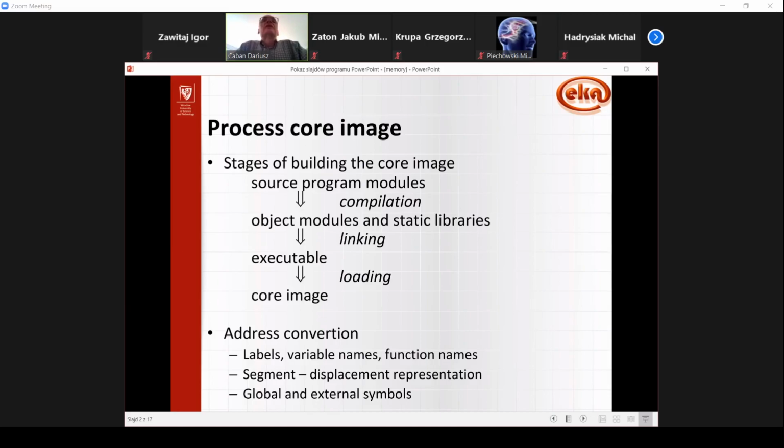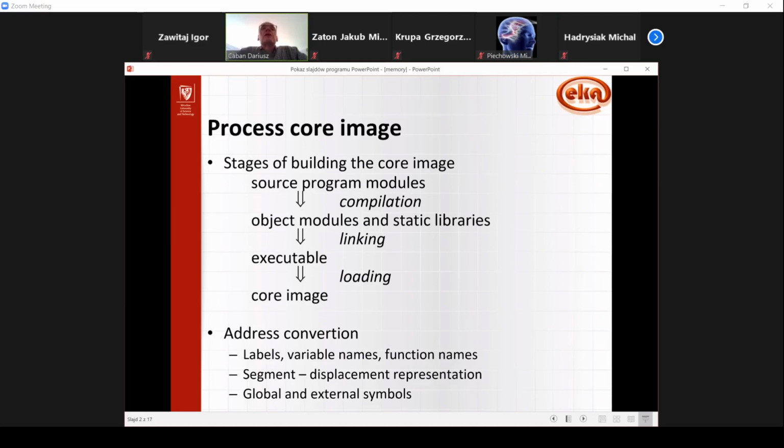And then the linker starts looking through the static libraries. That means the libraries which contain pre-compiled modules supplied by the producer of the library.